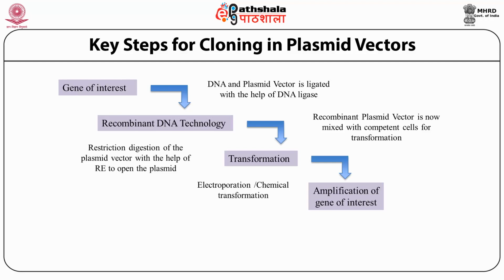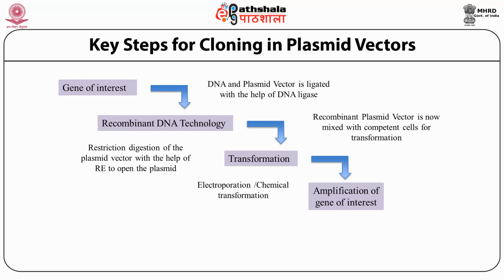When both are cut with the restriction enzyme, DNA ligase joins both ends, including the foreign DNA and the cloning vector, and now it is called a recombinant plasmid vector, which is transformed into a host cell compatible with that cloning vector. When a recombinant vector is introduced into the host cell, it starts replicating and our gene of interest is amplified.